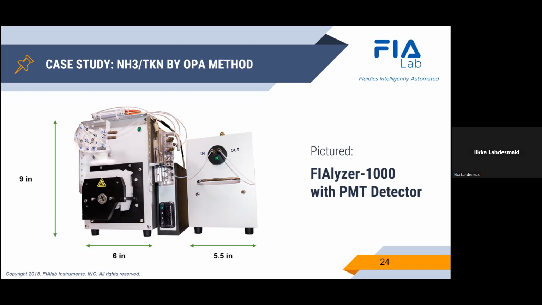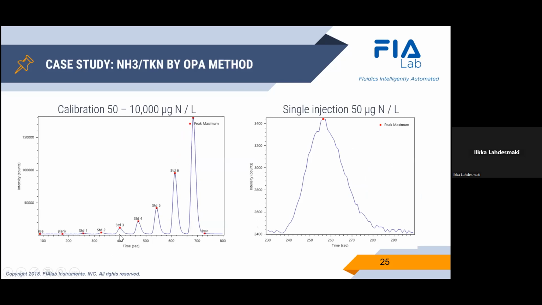Excellent. Thank you, Ilkka. Another question from Tara McClinton. How long does it take to calibrate and analyze a batch of samples, let's say 20? Let's take a look here. So this would be 1, 2, 3, 4, 5, 6.